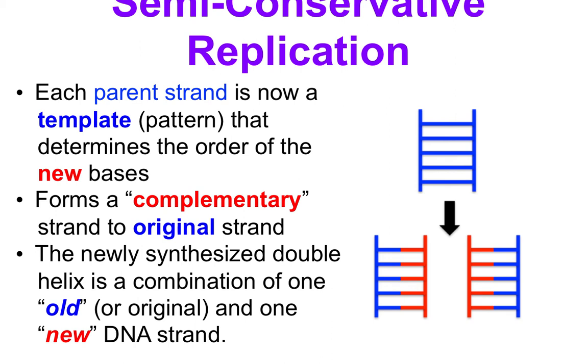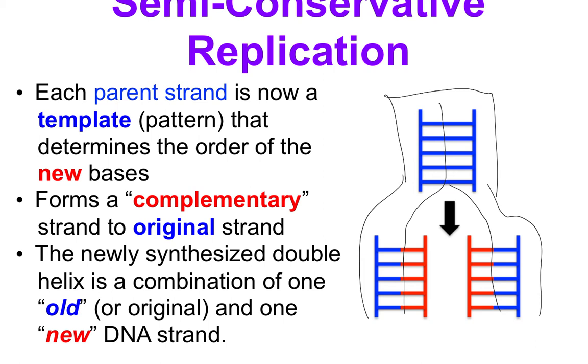And the newly synthesized double helix is a combination of the old, or original, and the new DNA strand. As you can see from the diagram, from the old parent strand, part of it has gone to each new strand. We have formed these, which are complementary to the original strand.